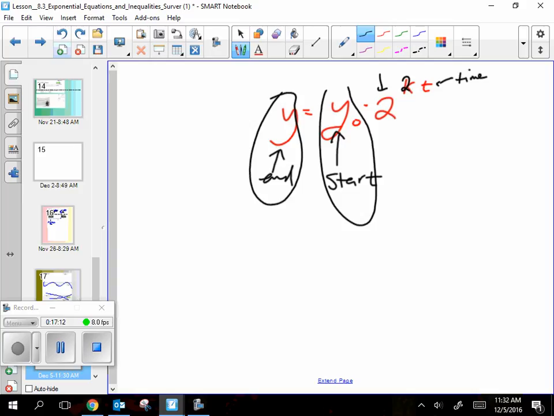So then I could put 2 to the what power would make it triple? 2 to the 1.5 equal to 3? 2 to the what is equal to 3? Anyway, that K depends on the problem.